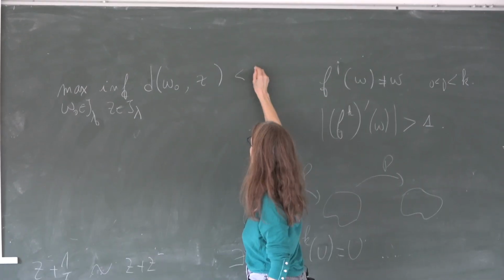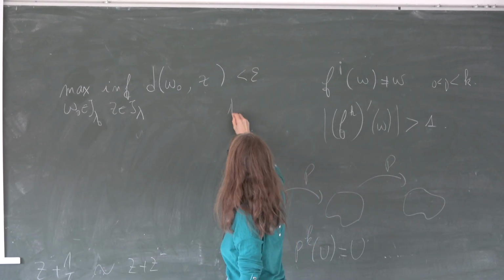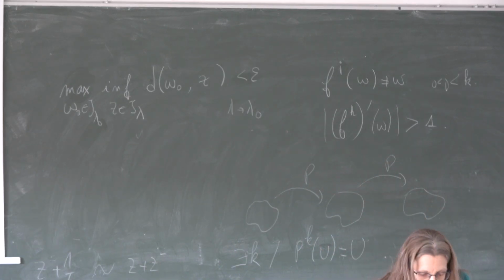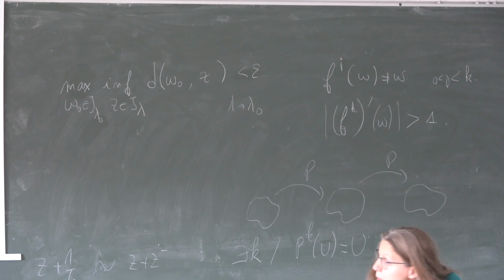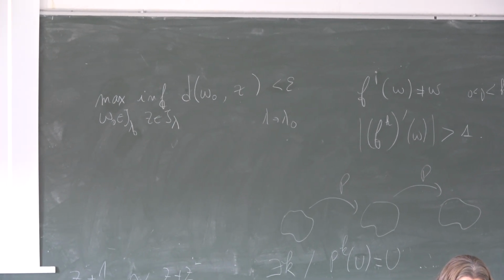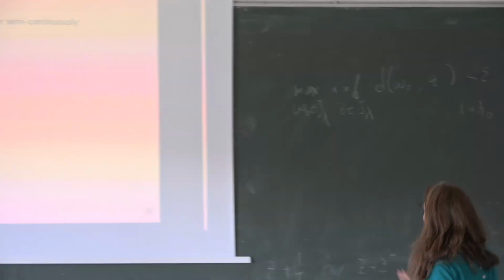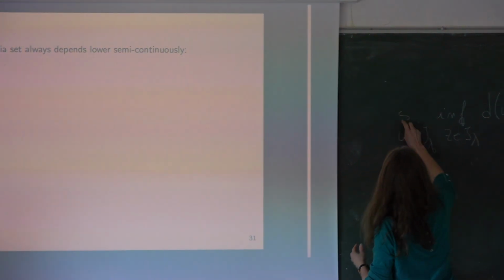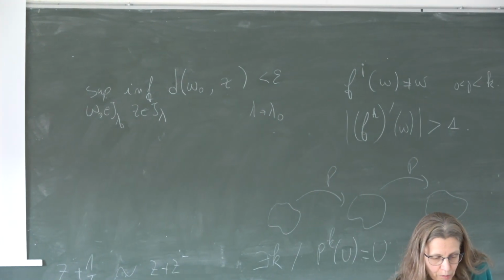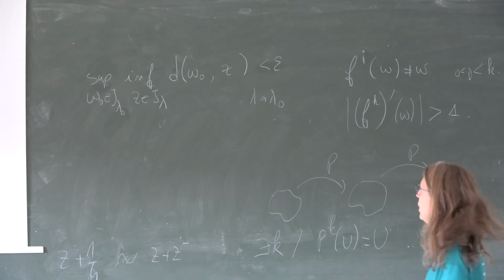I mean, it's smaller than epsilon when lambda tends to lambda naught. Okay? I go back to the definition. Supremum of, okay. Sorry, it's a supremum. So we use that repelling periodic points are dense in the Julia set.